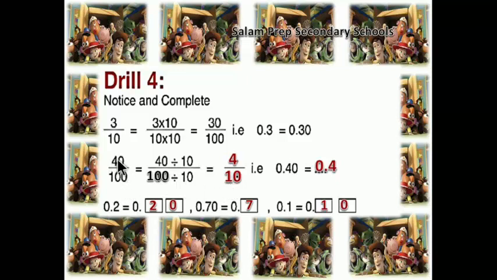Now 40 over 100 equal 4 over 10. 40 hundredths equal 4 tenths. Okay?